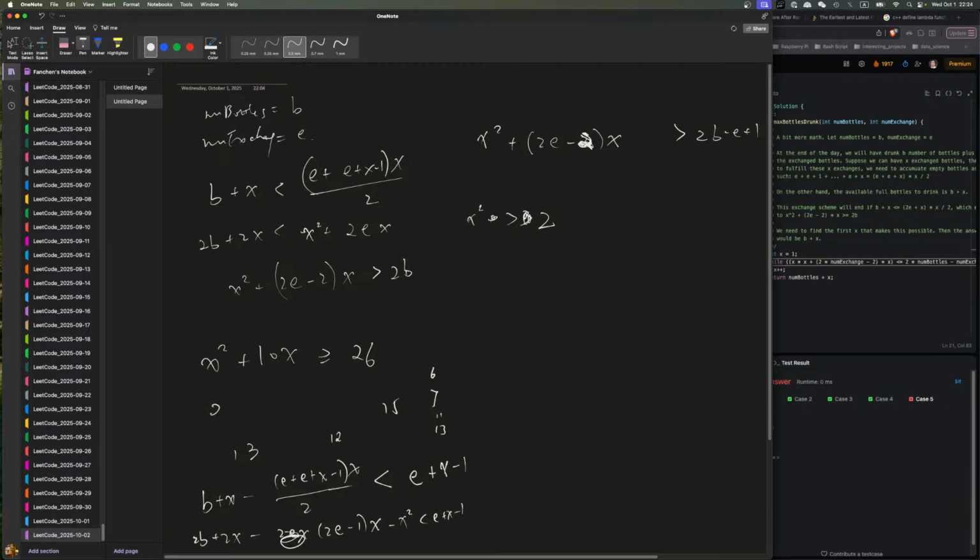So this is 2. 1 smaller than 1 that fails. Right? Fails. That means we can do one bottle.